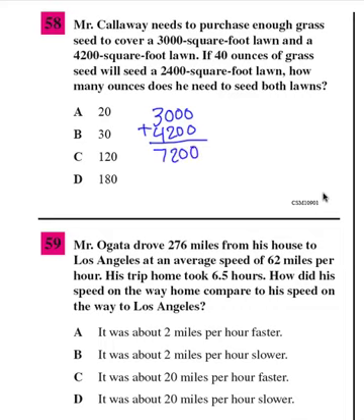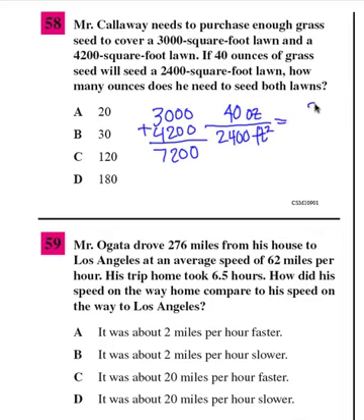So we can set a proportion. 40 ounces seed for 2,400 square feet.